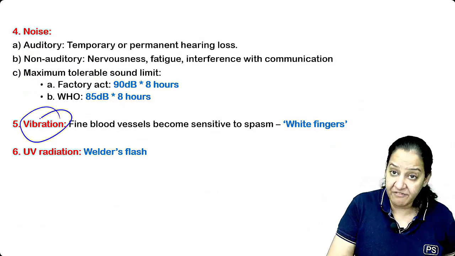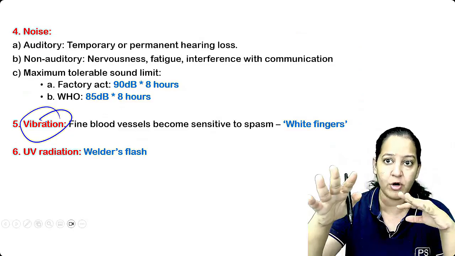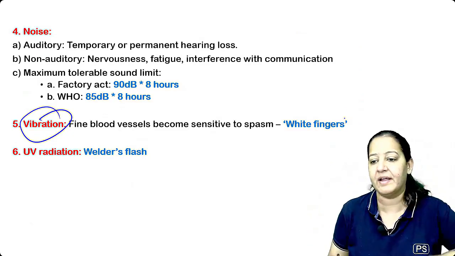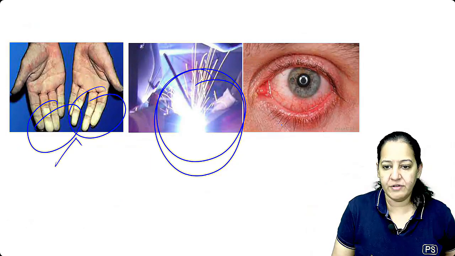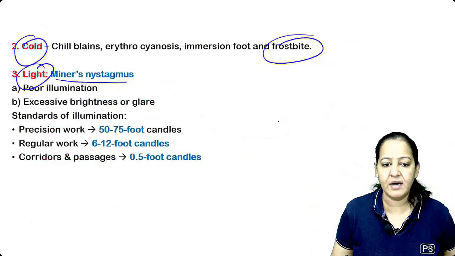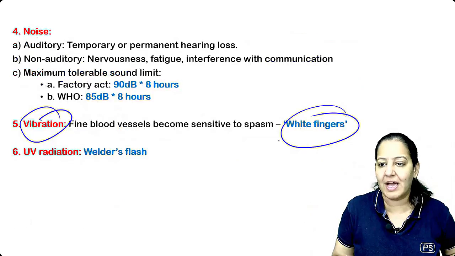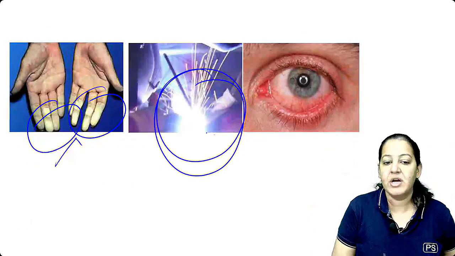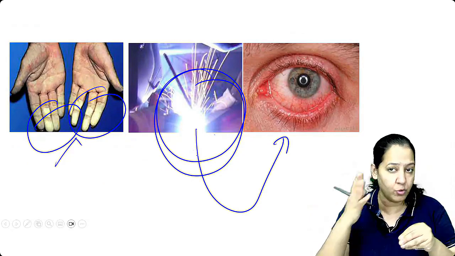And in vibration, if a person is working constantly on a machine that is constantly vibrating, white fingers can happen due to the vibrations. I'm sorry, the minor nystagmus is different. I have shown you the welder's flash due to UV light. If the person is exposed to UV light in welding, we have seen it is always said don't watch the welding.